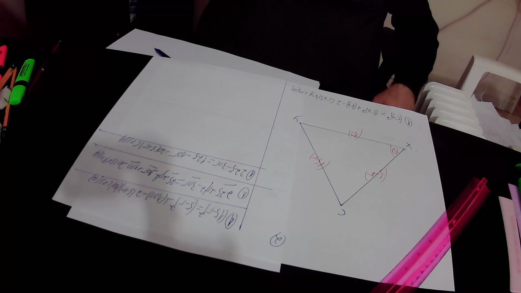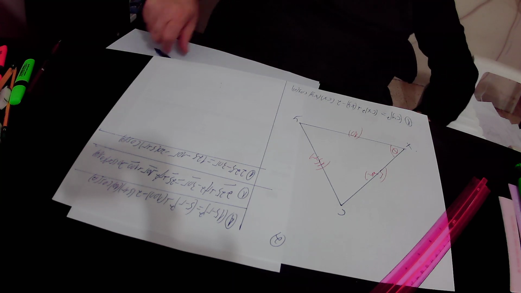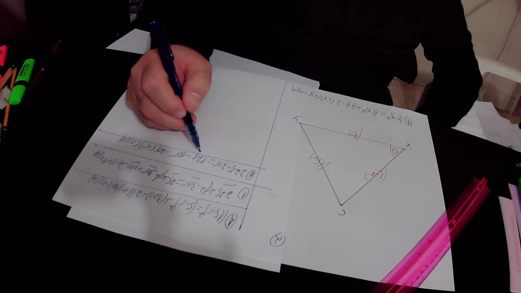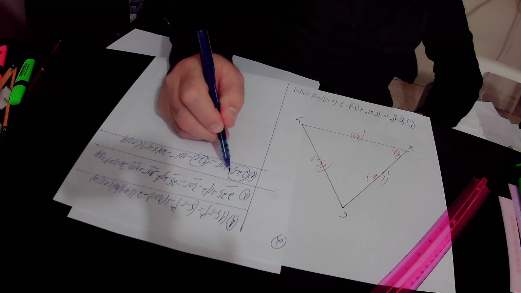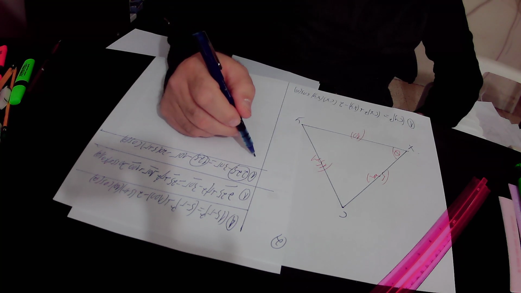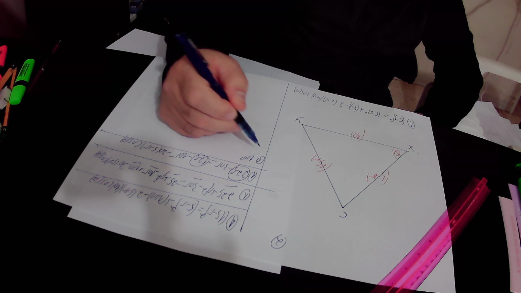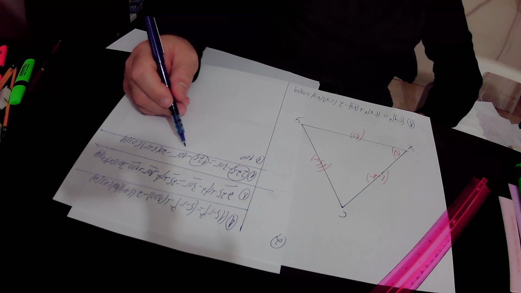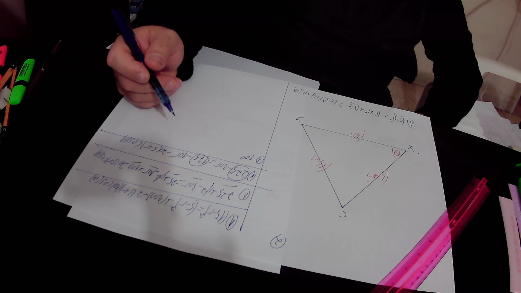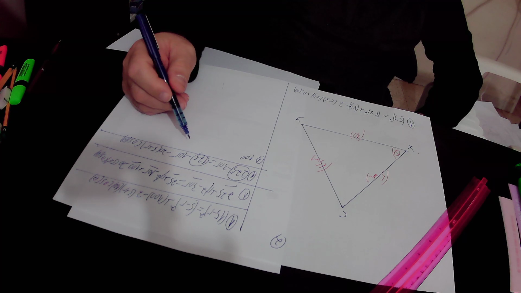Here we will subtract 225 from equation number 1, and we will get that 225 minus 125 is 100. We will also add to equation number 1 2r.